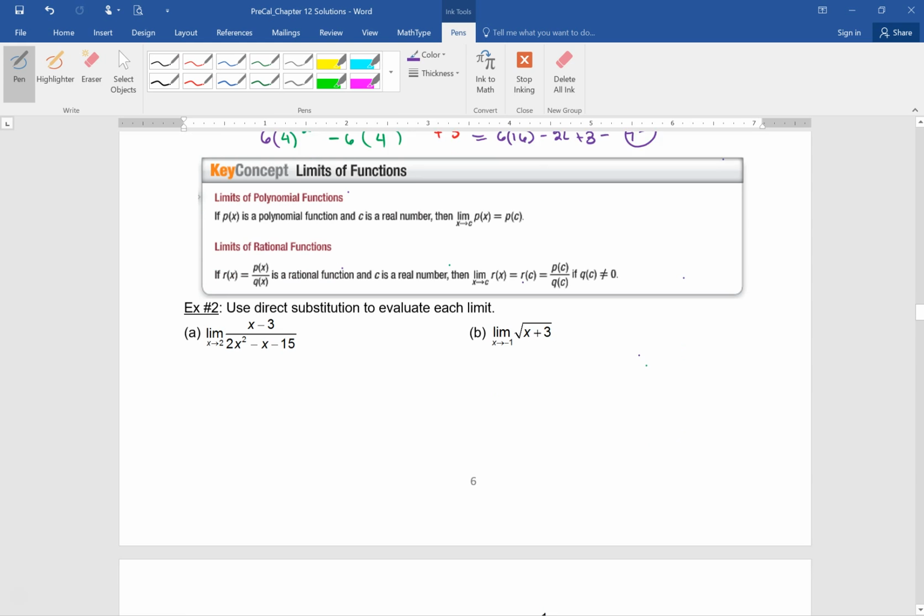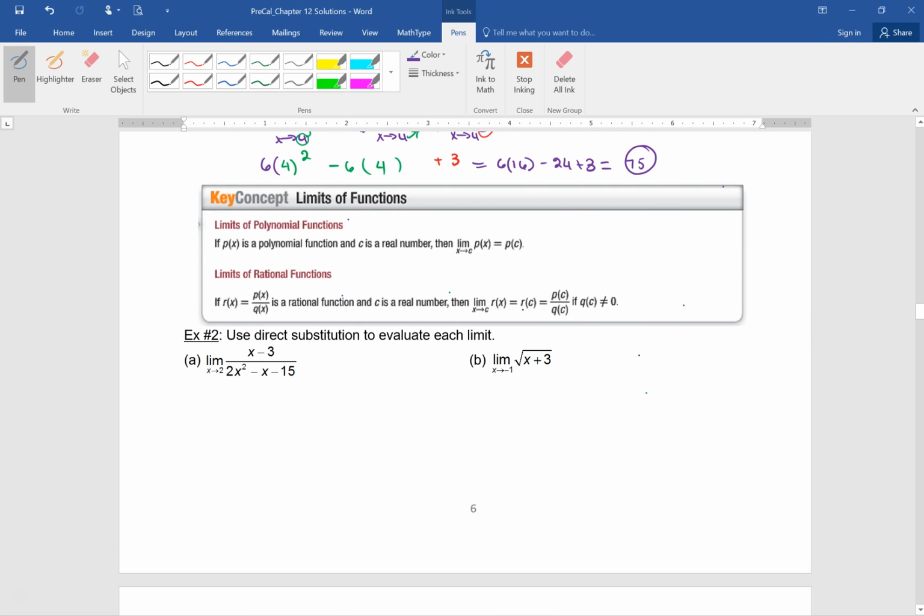Okay. Now look, this is going to be a lifesaver. If p of x is a polynomial and c is a real number, then the limit of p as x approaches c is just p of c. What does that mean? Plug in c.